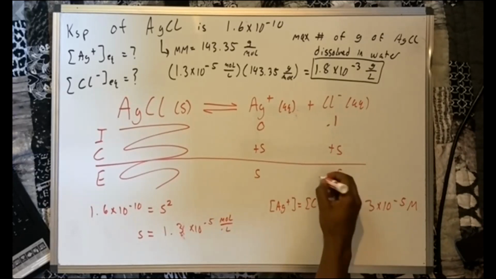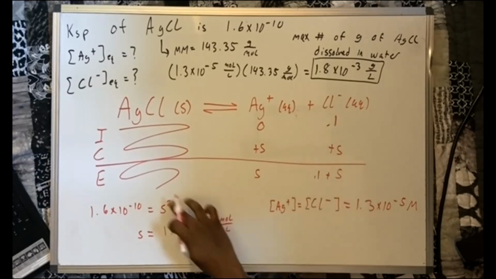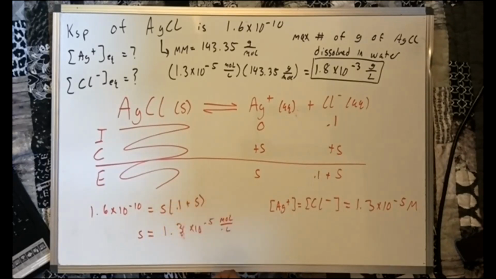Now this becomes 0.1 plus S. So this becomes S times 0.1 plus S. That makes it a quadratic, right?